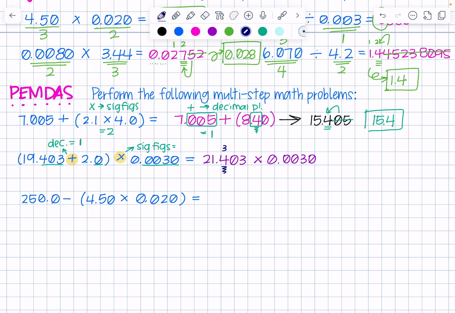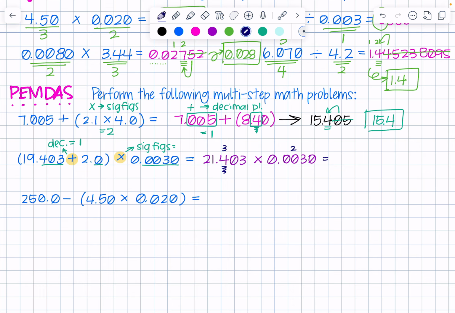this has 3 significant figures. So 1, 2, 3. And this has 2 significant figures. So my answer should match the least number of significant figures. So I'm going to take that entire number, 21.403, times 0.003.